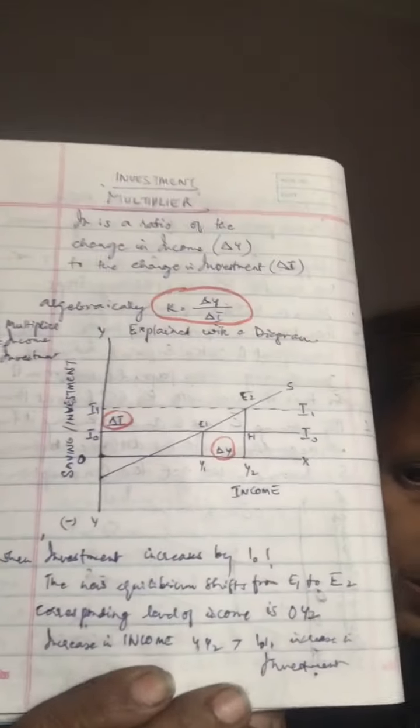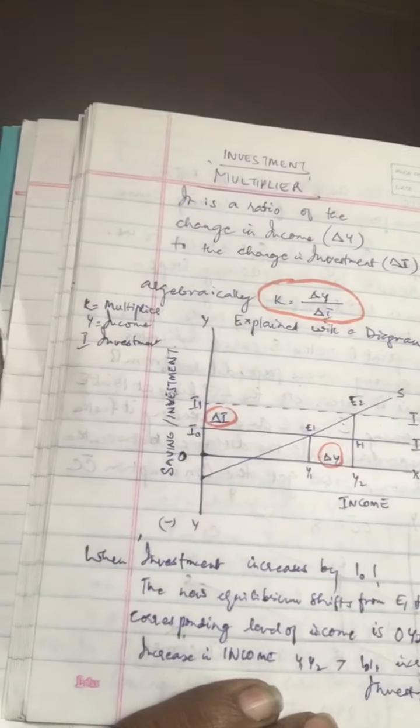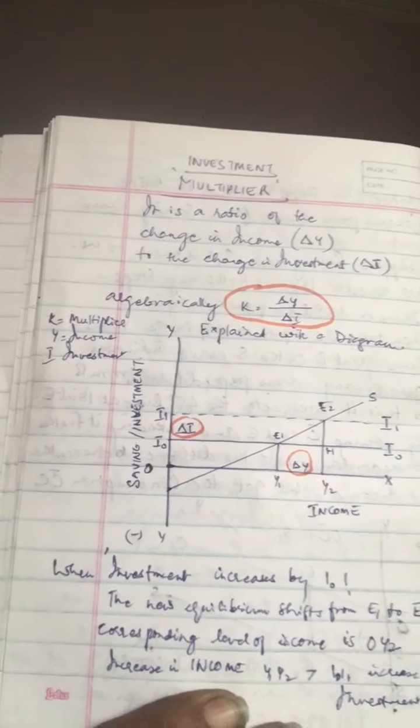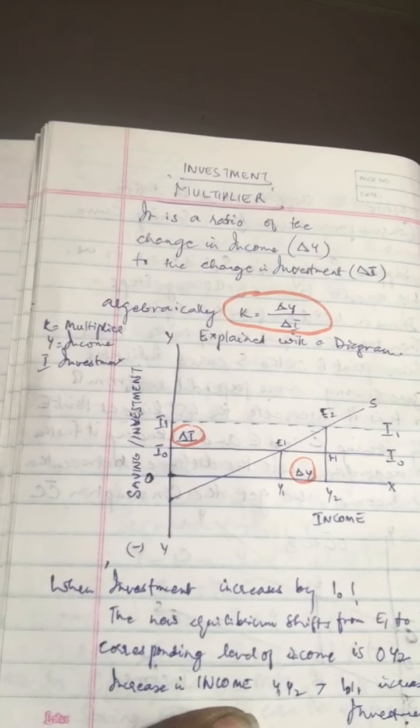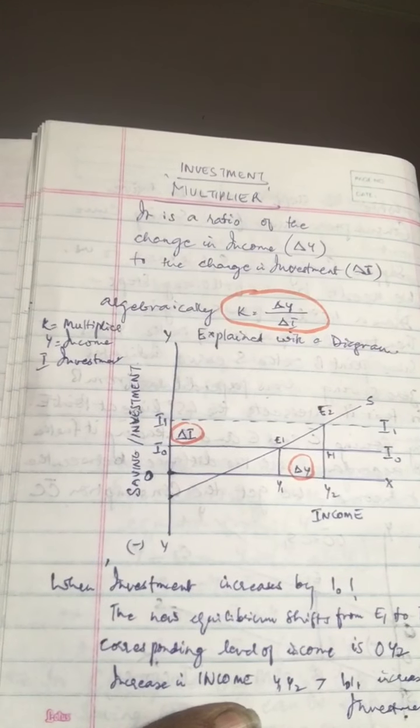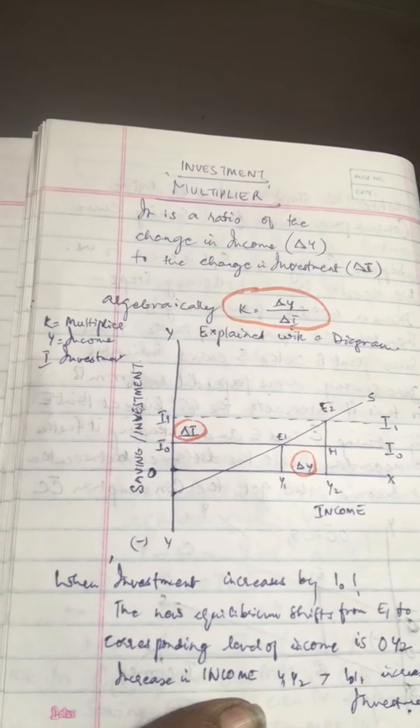So I'm going to explain this with the help of this diagram. Just look at it as I go on. So diagrammatically, what is it? Income is measured on the x-axis and saving and investment are shown on the y-axis.